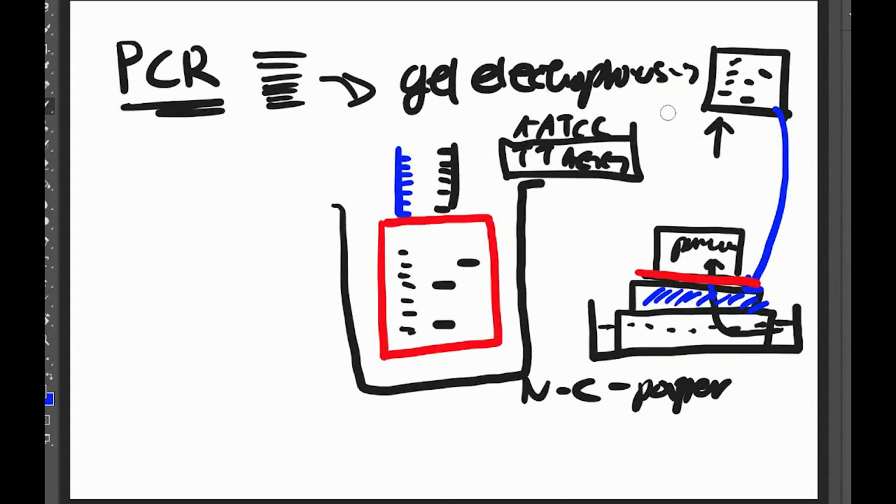Of course, it's actually going to be much longer in real life, because if it's too short, it will just bind everywhere. Anyway, what is going to happen is that these probes are actually radioactive, literally radioactive. Inside this plastic bag, we're going to put in a solution with the probes, and then these probes will hybridize.